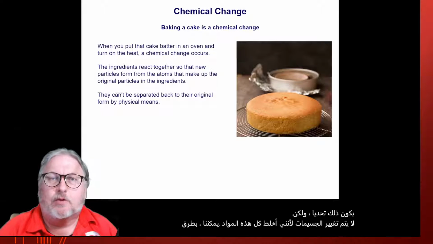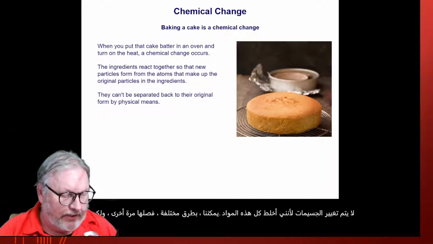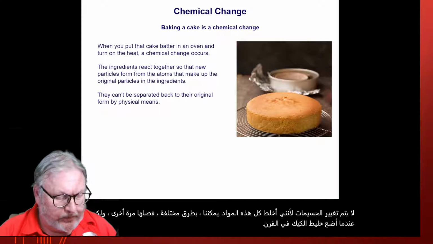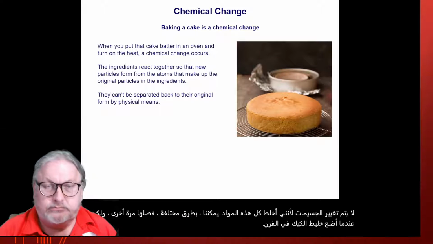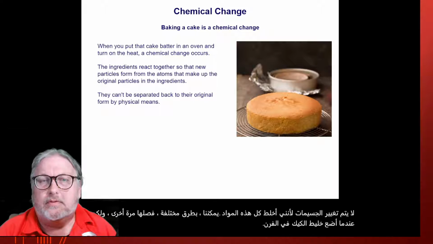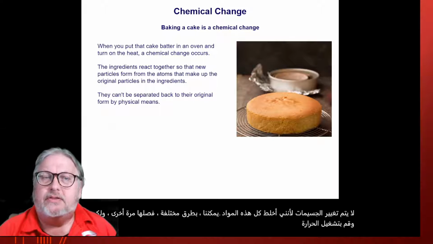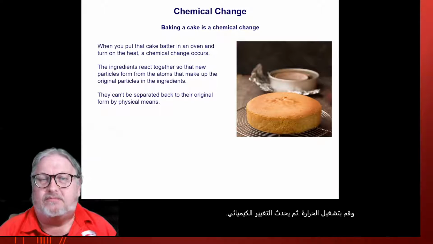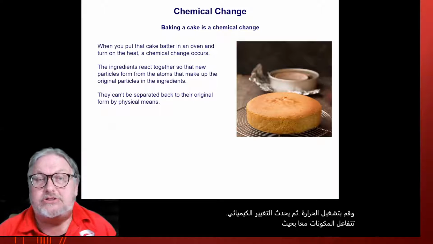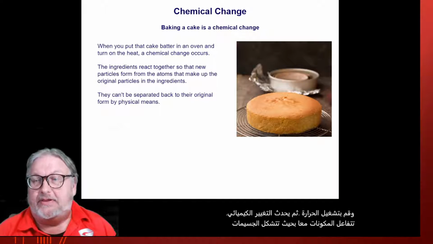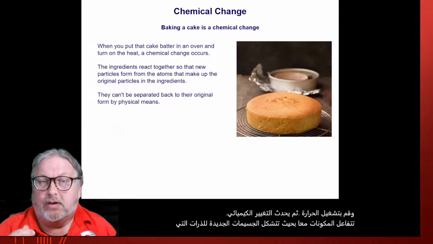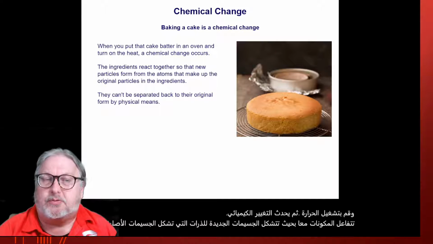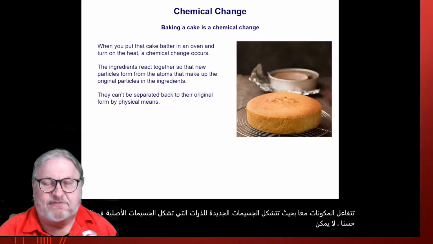But when I put the cake batter in the oven and turn on the heat, then the chemical change occurs. The ingredients react together so that new particles form from the atoms that make up the original particles in the ingredients. They can't be separated back to their original form by any physical means.